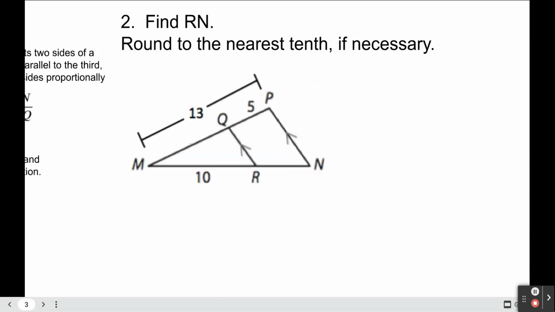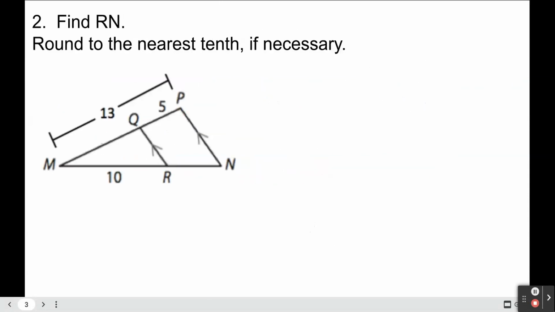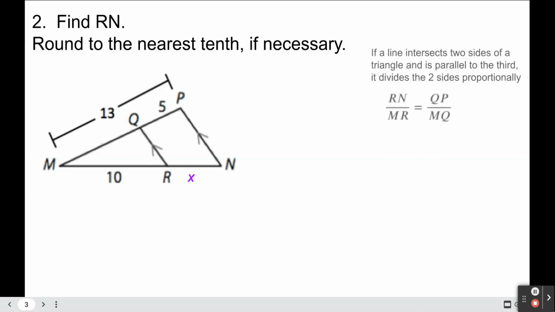Let's look at example number 2. Here we're asked to find RN, so label that with an X as our unknown side. So that side RN goes with the side that's labeled 10. So this RN, we're going to keep it with the same side, MR, which is labeled 10.